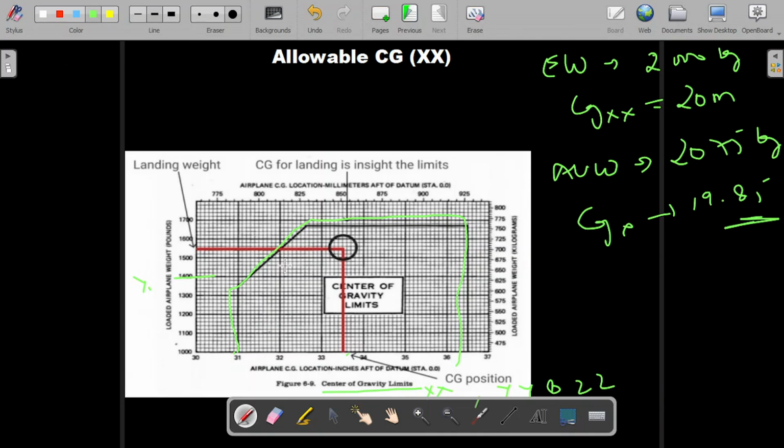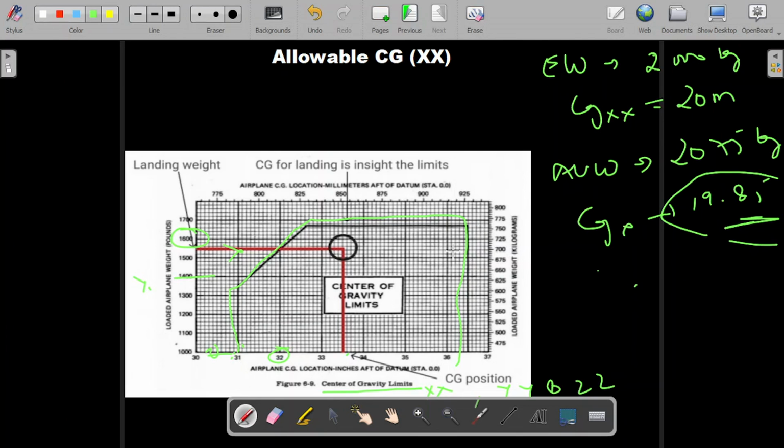So if this 19.85 is lying within the box, then it is safe to fly. If it is shifting beyond, let's say the weight you are putting is 1800 kgs and the CG which should be at 31 32 is shifting below this, then it is not safe to keep the load. Then you have to position the load accordingly.